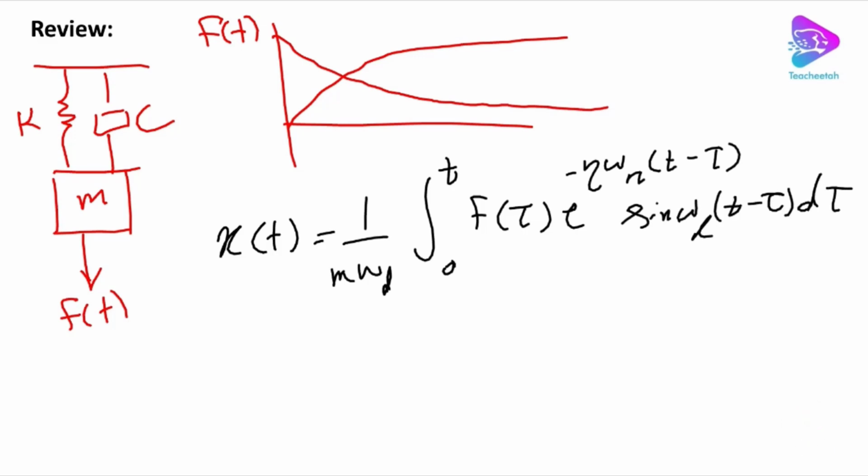So we need to calculate this integral, plugging in F(tau). Since we know the function F(t), we can simply plug it into this integral and find the response of the system.